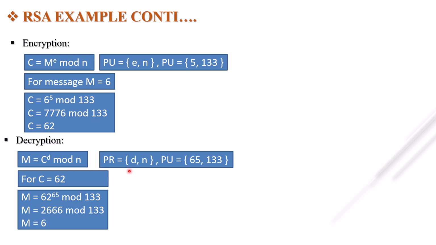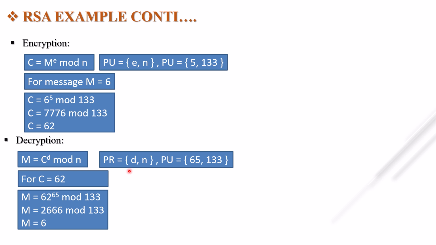Now in a calculator, 62 raised to 65 is impossible. So you have to break this 62 raised to 65 into powers of 5, like 62 raised to 5, 62 raised to 5. How many times do we have to do it? 11 times. Okay, not 11 times, 13 times I think. 13 into 5, that is 65.